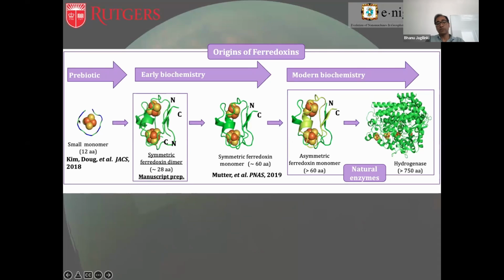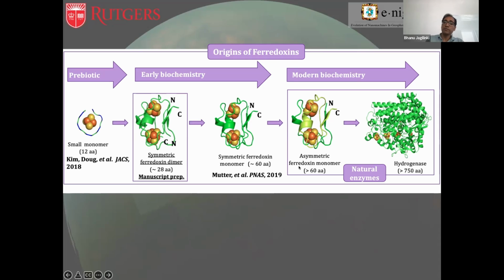So these ferredoxins all started as a very small peptide, say in the order of 10 or 20 amino acids with 4 cysteines that would be binding a 4Fe-4S cluster. In due course of evolution, it dimerized to become a homodimer. And over the course of evolution, this homodimer fused to become a single functional symmetric ferredoxin monomer.